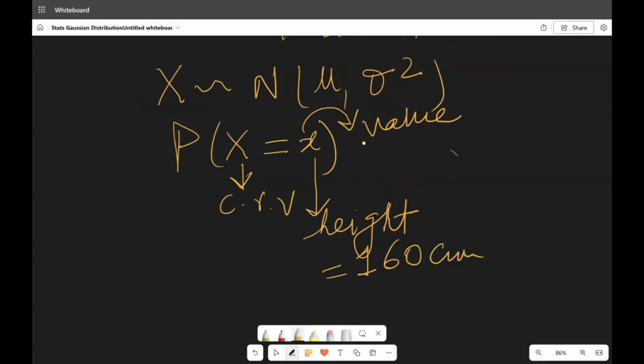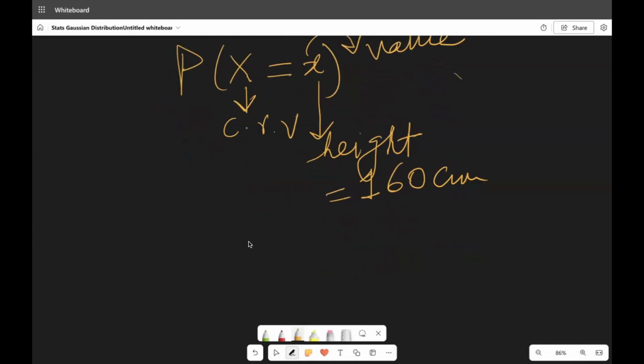That's why I wrote it in small x. You can write it as an expression like this: the probability density function of a random variable X being equal to small x, and this small x would be 160 centimeters or something like this. So this is a random variable capital X.